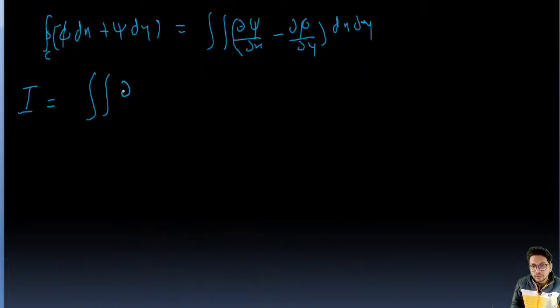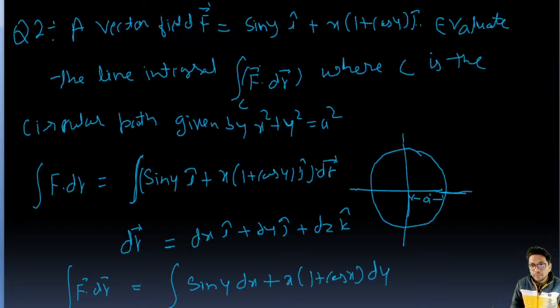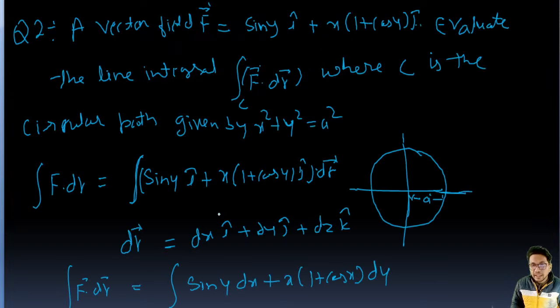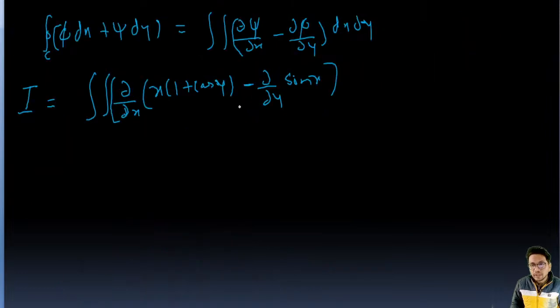So this is going to be del over del x of x into 1 plus cos y, minus del over del y of sin y, because the value of phi is sin y, dx dy.